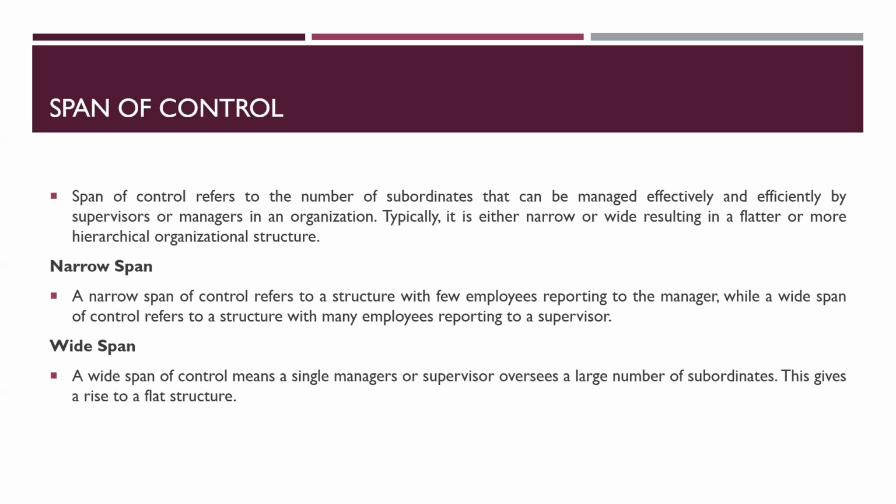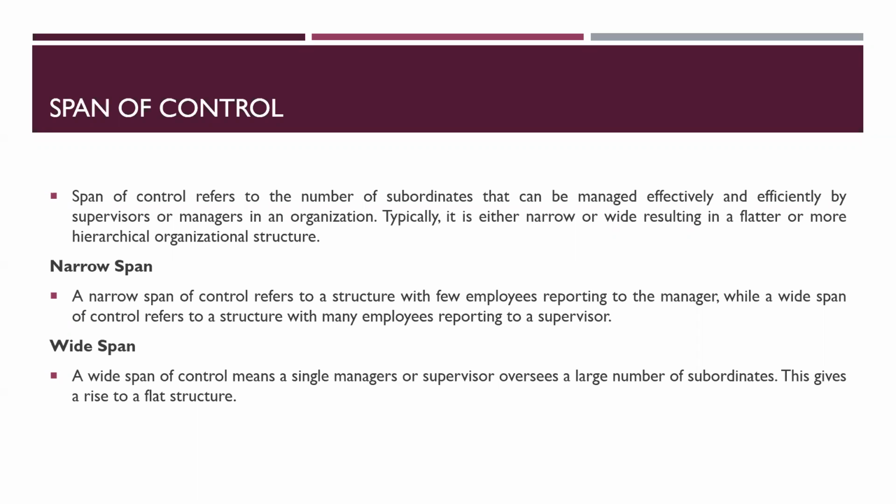Span of control is how many subordinates a manager is controlling. It is the number of subordinates that can be managed effectively by the supervisor or manager. For example, if a manager is controlling 5 subordinates, the span of control is 5.